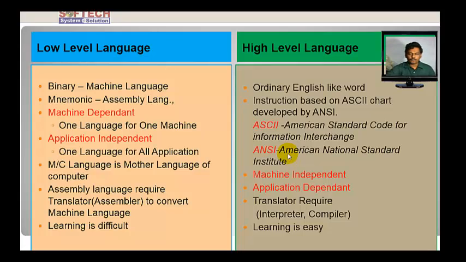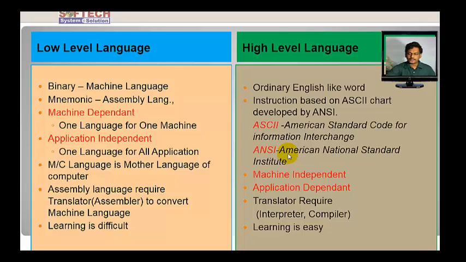That chart consists of 256 symbols that start with 0 and end with 255. Within the 256, it includes capital A to Z, small a to z, numerics 0 to 9, and special symbols: comma, plus, minus, star, blank space, alpha, beta.